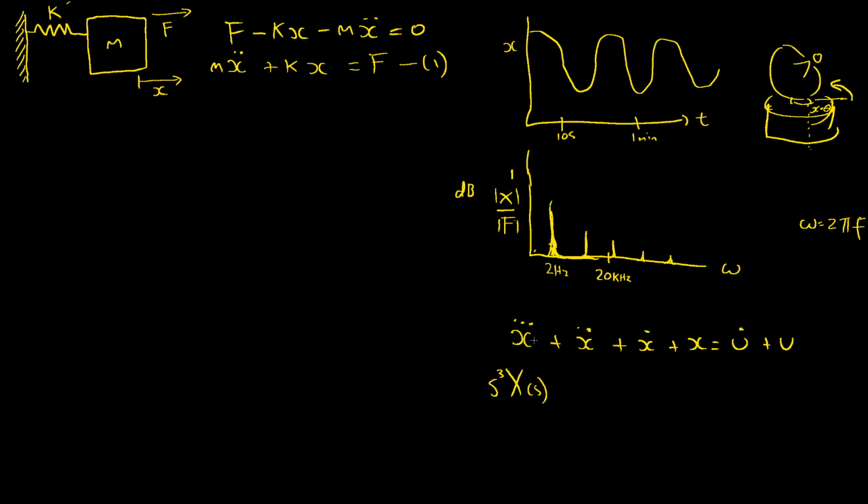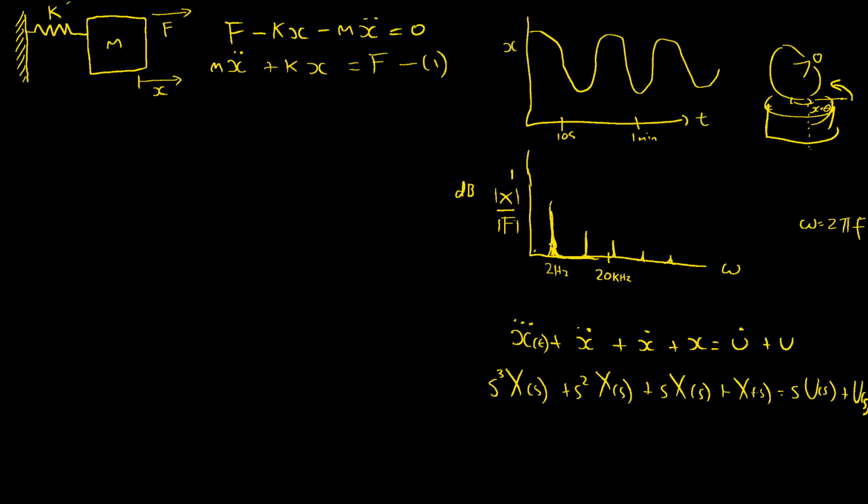So these little x's are in the time domain, and the conversion is into the Laplace domain of s, plus s squared with big X of s, plus s times X of s, and I'm hoping you can see the pattern emerging here. s U of s plus U of s. And so the pattern here is each derivative corresponds to a multiplication by s. And where we don't have a derivative, we just straight up get the Laplace variable.